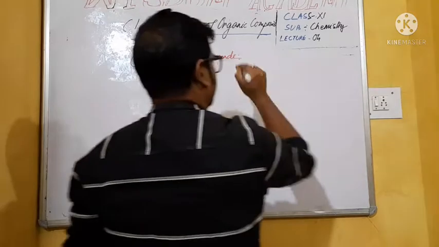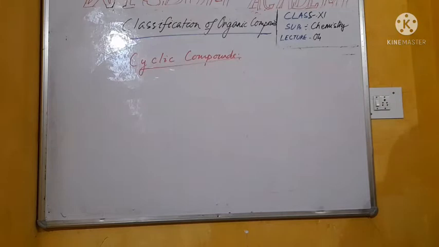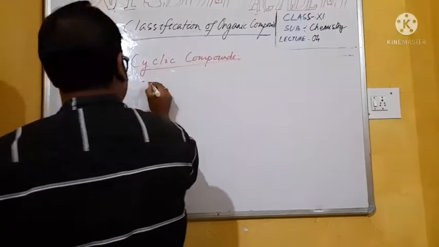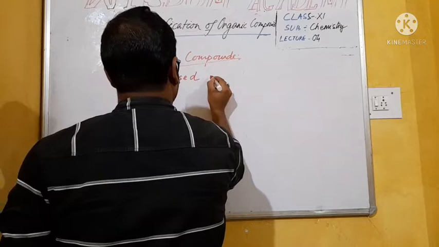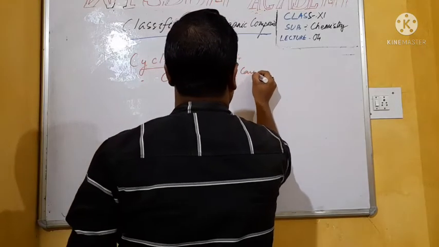What are cyclic compounds? Students, cyclic compounds are closed ring compounds.